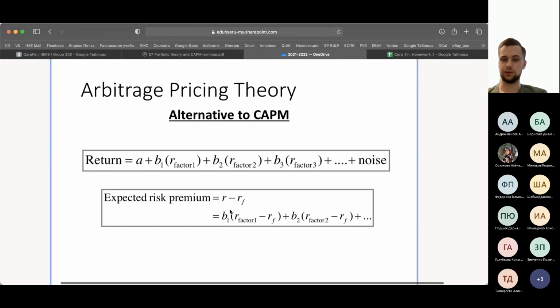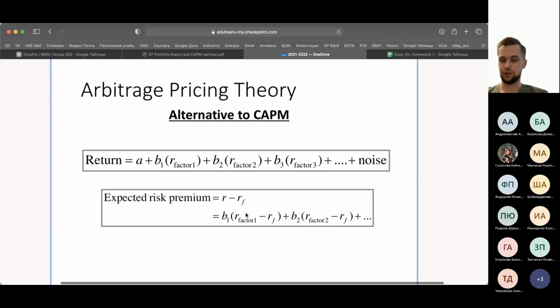This risk premium is calculated in the same way as in CAPM. Here we have the expected return on the portfolio which is affected only by one risk factor, minus the risk-free rate. Here we have the rate of return on investment in the portfolio that is affected only by risk factor 2, minus the risk-free rate, and so on.